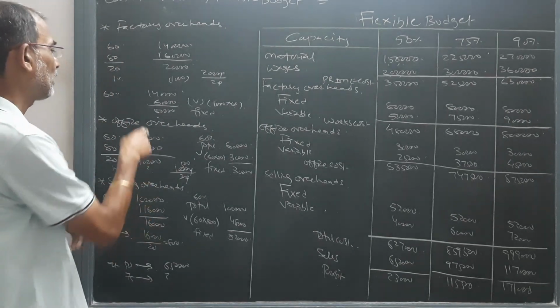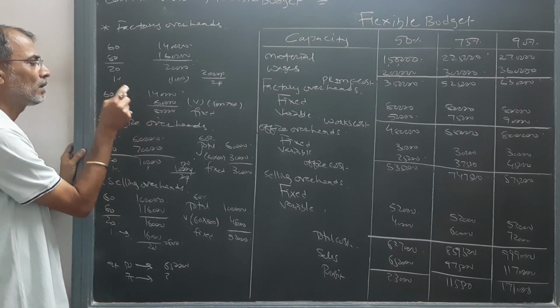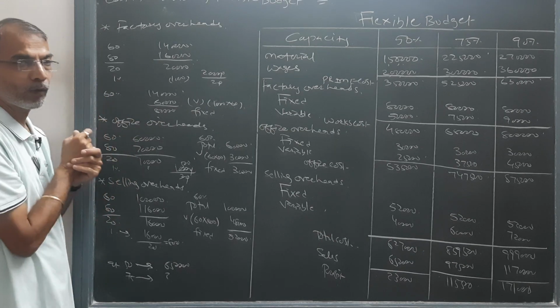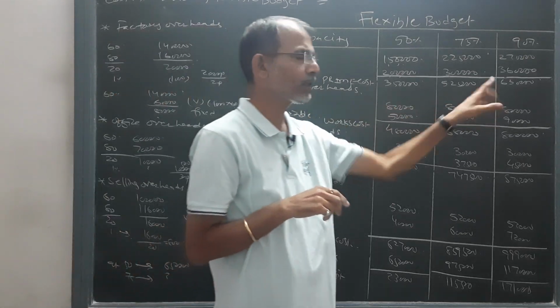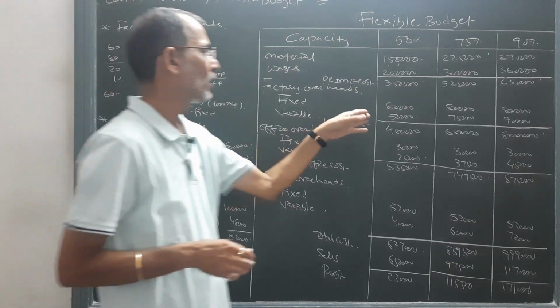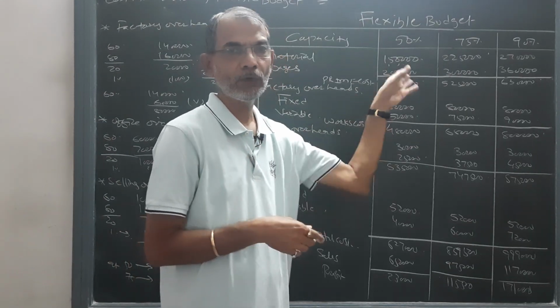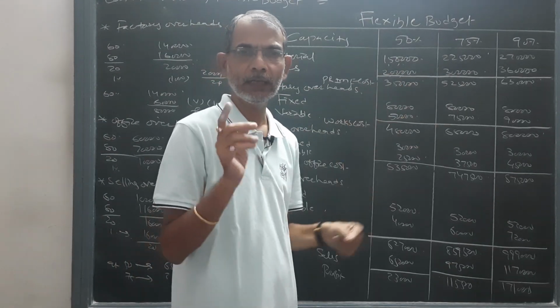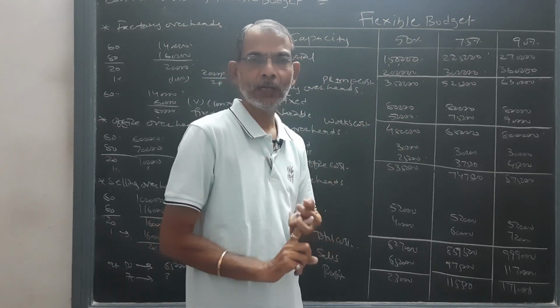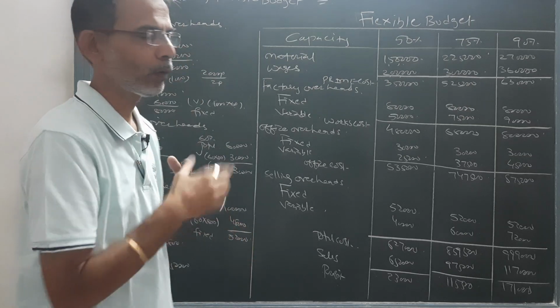For 60%, that will be 60,000. So variable 60,000 and fixed 80,000 will be the factory overhead. So 80,000 fixed was kept. Then for every one percent, that is 1,000. For 50 it is 50,000, for 75 it is 75,000, for 90 it is 90,000. In this way we got fixed and variable factory overheads.